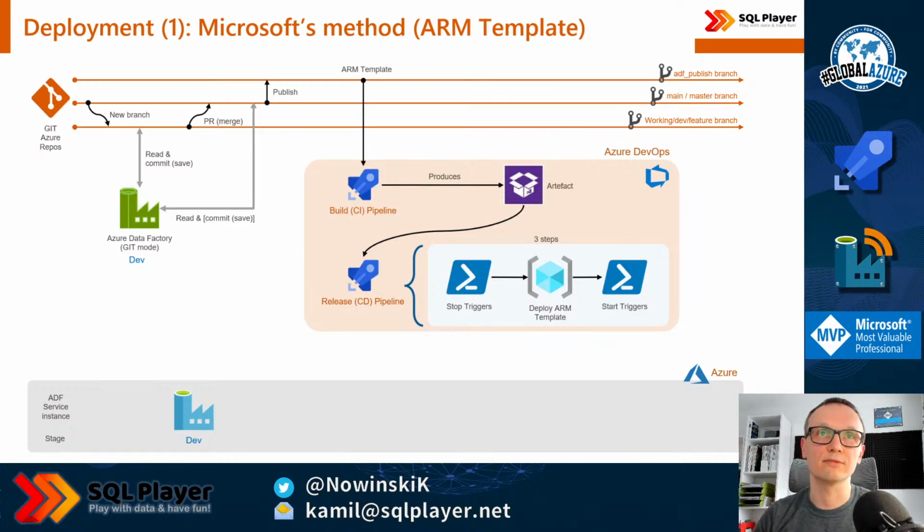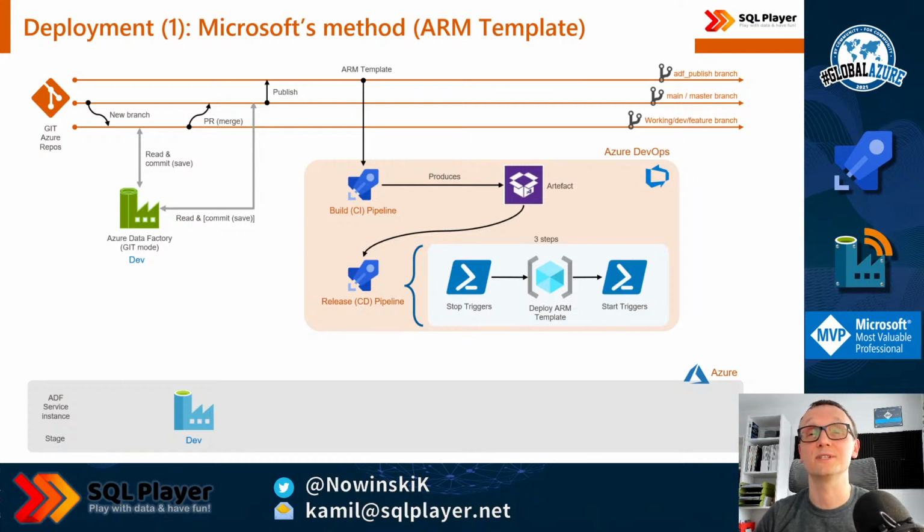First of all, you have to create the Azure Data Factory instance before you even start deploying ARM templates, because the ARM template cannot create Azure Data Factory. It will deploy all the objects it contains, but will not deploy the Azure Data Factory instance itself. So firstly, you have to create the instance as a separate task.